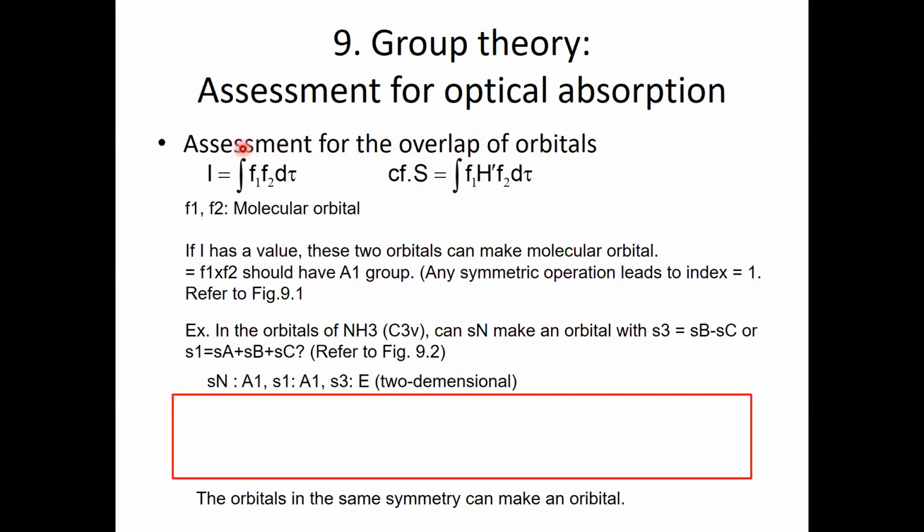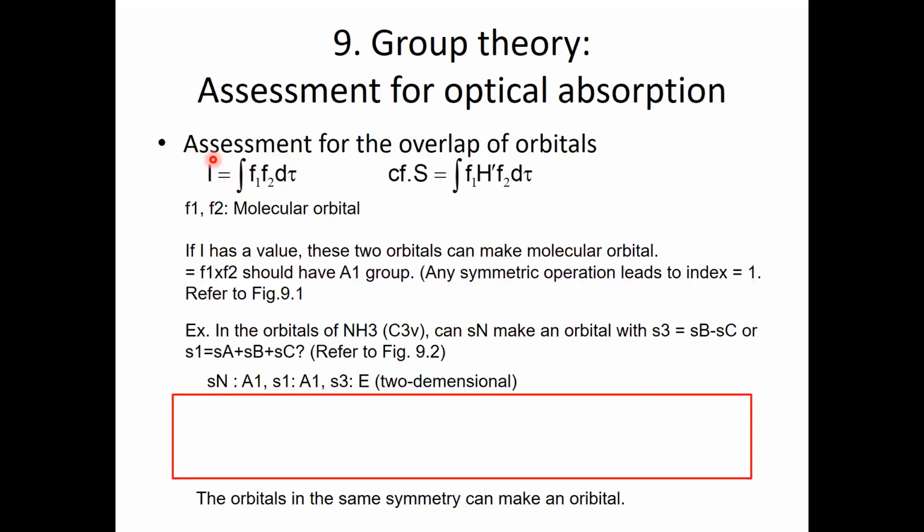And it can be assessed by analyzing the overlap integral like this. So two of the molecular orbitals are multiplied and integrated in space, and then you have to judge if the integral is going to have a value or not.